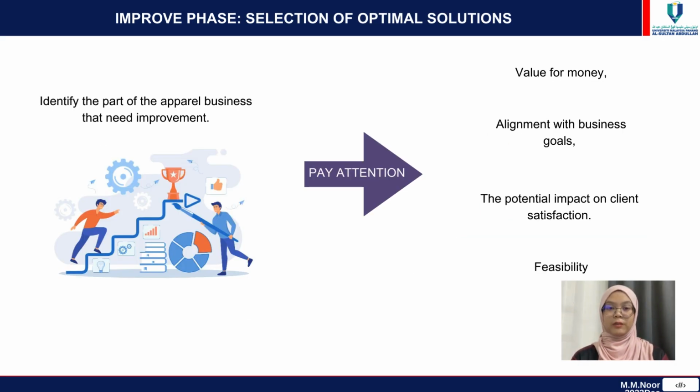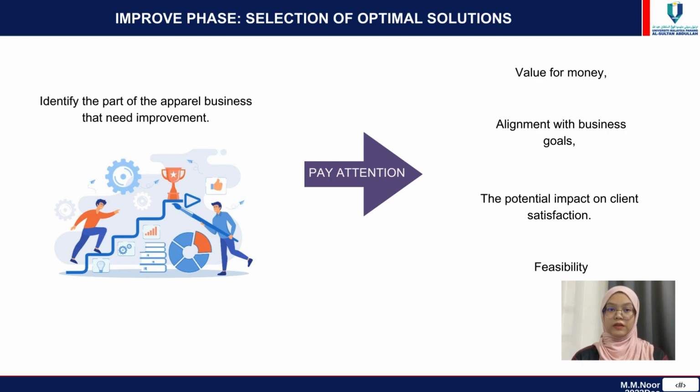So by clearly identifying the parts of a business that need improvement, this might be anything from production difficulties to supply chain issues or quality control issues. Bring in cross-functional teams and tap into the collective wisdom of your personnel for several potential solutions.